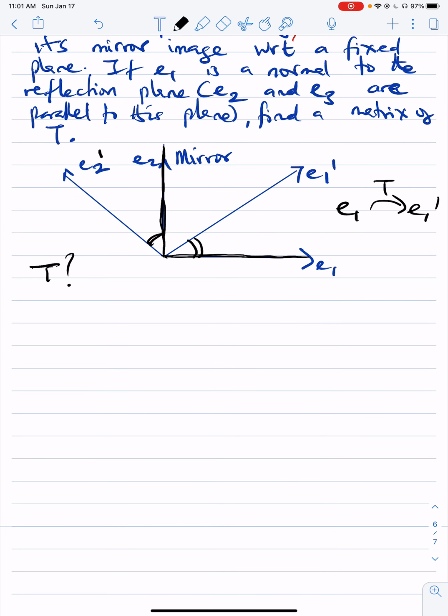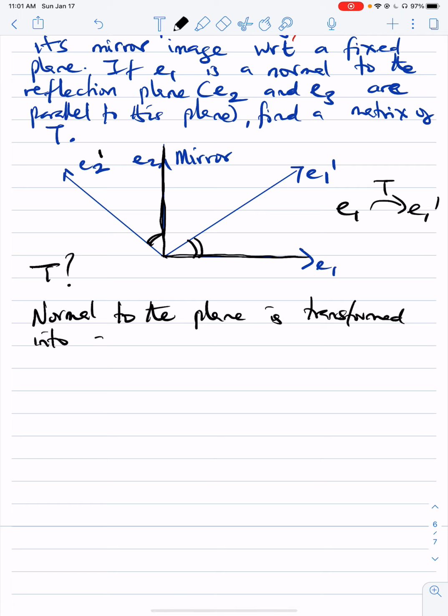So now looking at this, normal to the plane is transformed. When you have a vector that's normal to the plane and you transform it by T, it will be transformed into a negative vector.